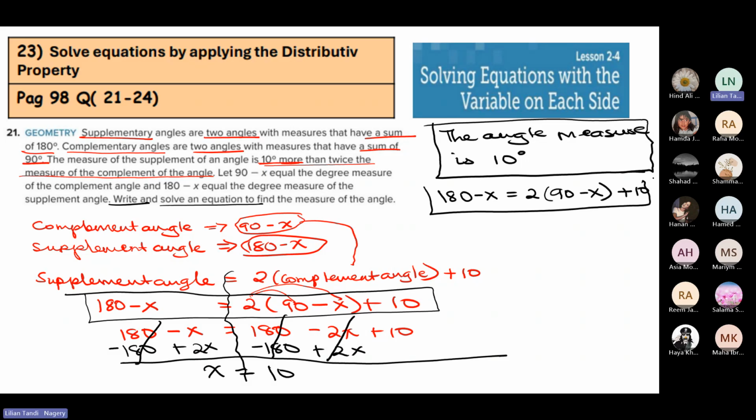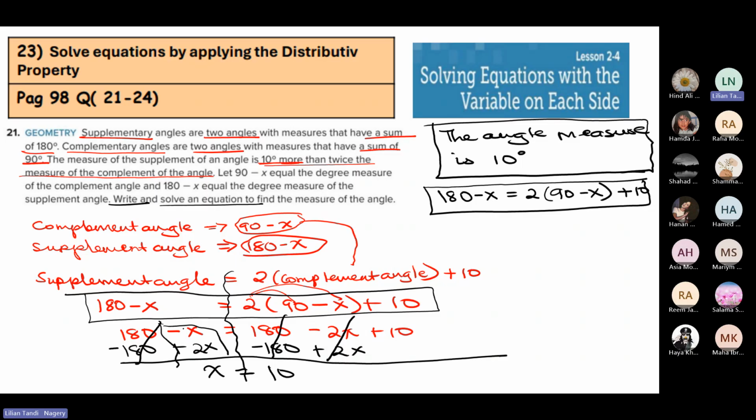All right. According to my work, what don't you understand? Where did I lose you? Miss, the last step, we have negative x plus 2x, and you put x equal 10. What number is in front of x? 1. What number is here? 1.